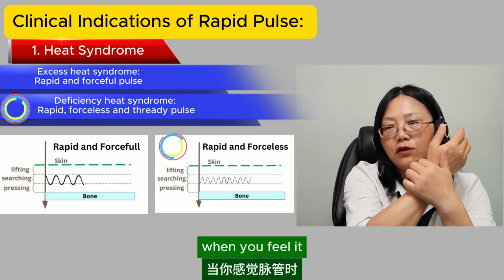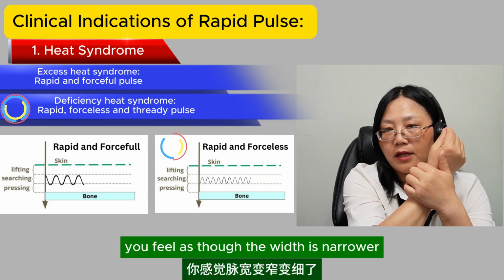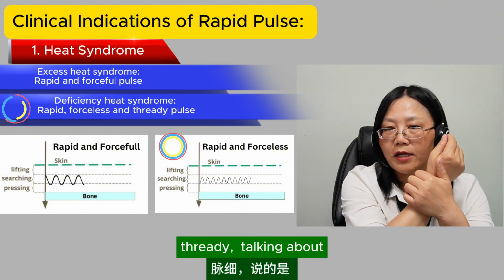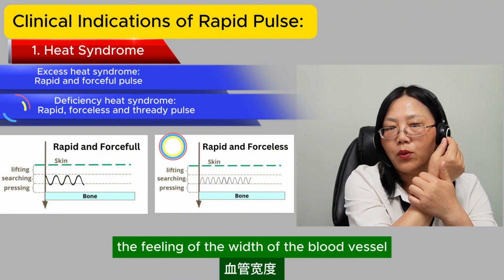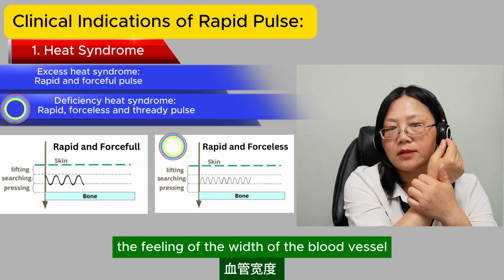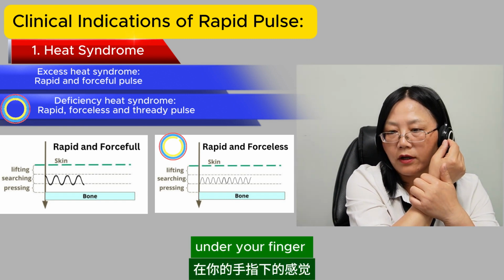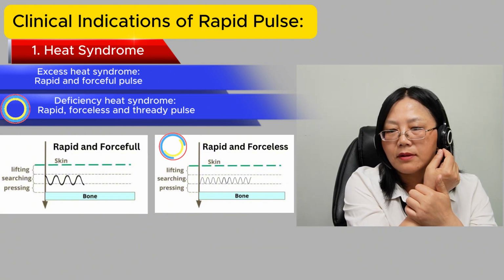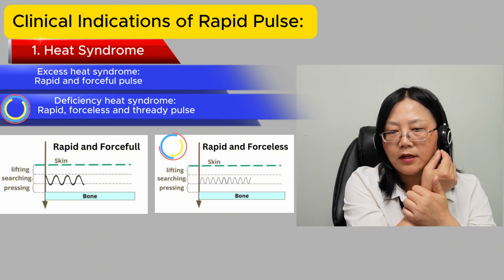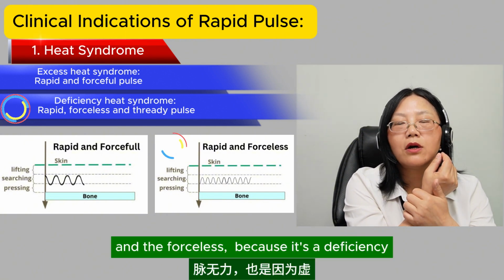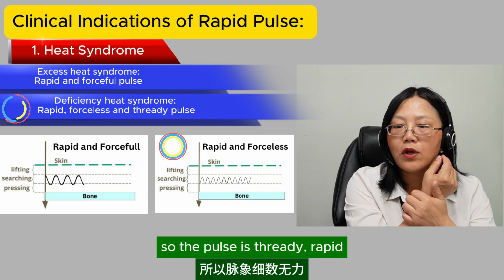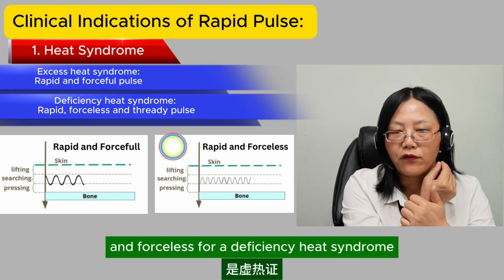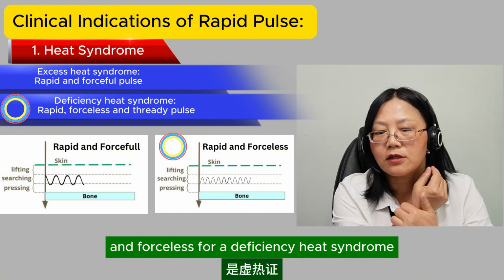When you feel it, it feels as though the width is narrower. That's why we call it steady. Steady talks about the feeling of the width of the blood vessel under your finger. That's your subjective feeling. The pulse is rapid because there's heat, and forceless because it's deficiency. So the pulse is steady, rapid, and forceless for a deficiency heat syndrome.